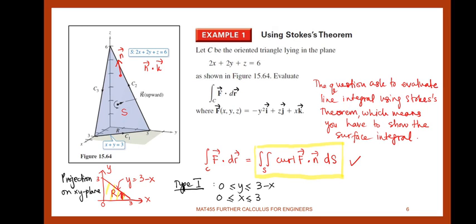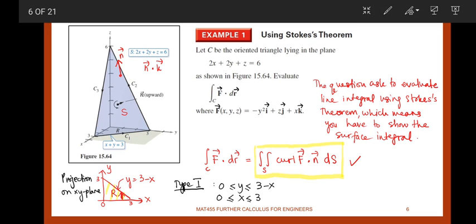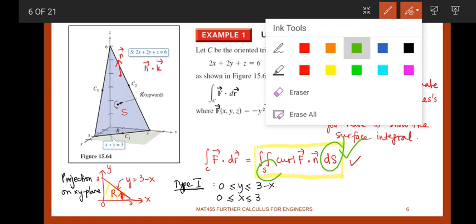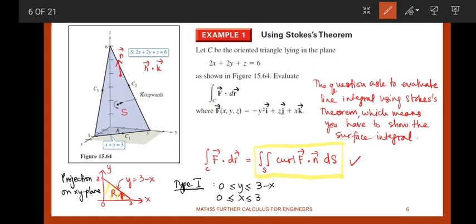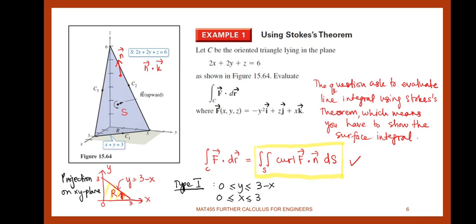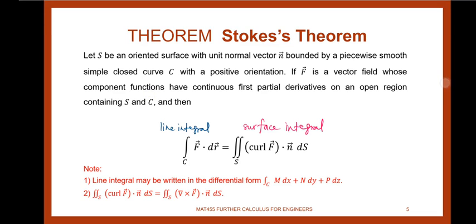So because you want to show the surface integral, therefore it involves S, the surface. So you look at the surface S, okay? Once again, how do you know that is your surface S? Because your unit normal is pointing upward. Why is your normal pointing upward?